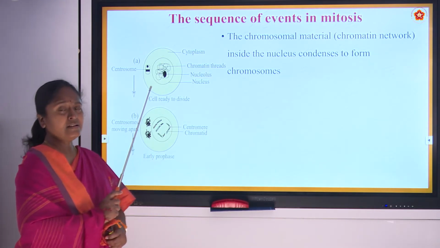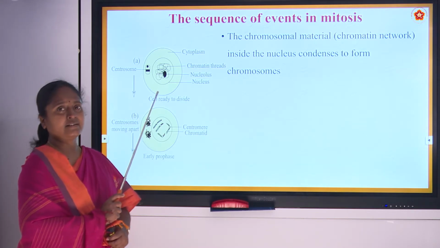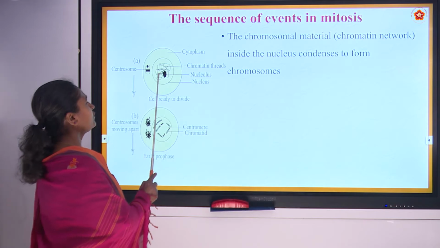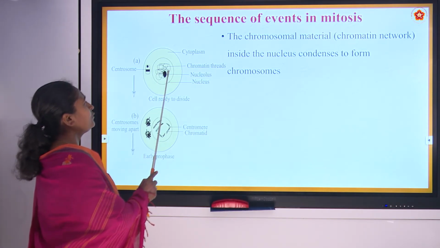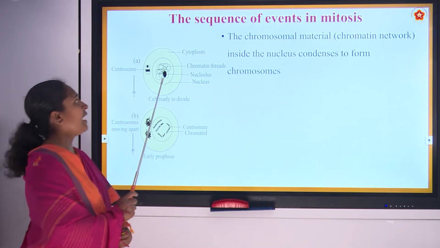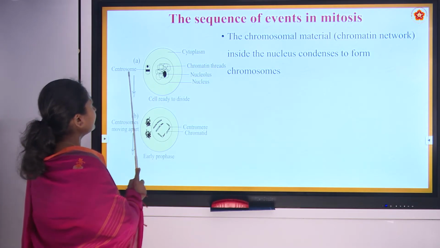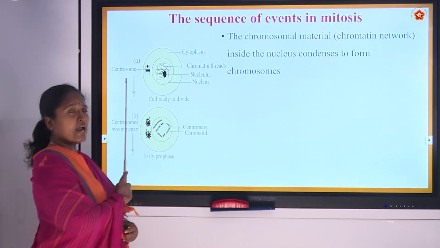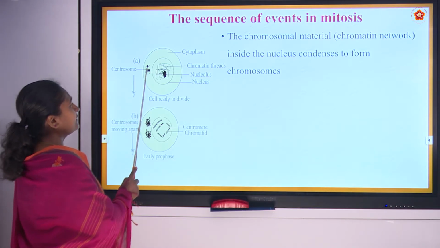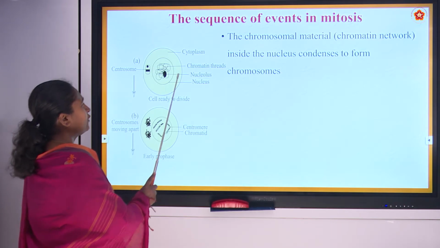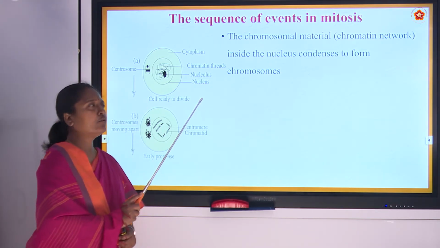It is needed for protein synthesis and the entire control of the cell is under the nucleus, right? So all that information is present in these chromatin threads, loosely arranged inside the nucleus. And we can see the centrosome. Here we are talking about the animal cell. So you can see a prominent centrosome adjacent to the nucleus, and the cytoplasm is also present. This is a normal cell which is about to undergo division.